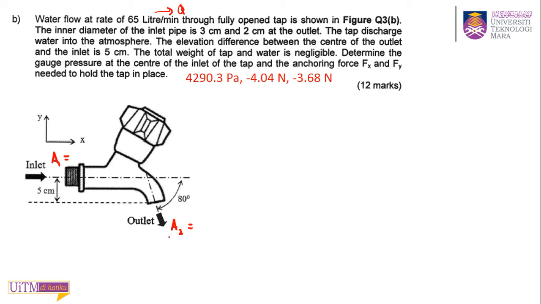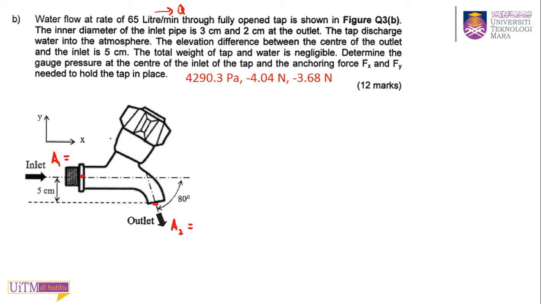Okay, it goes to atmosphere. The elevation difference between the center of the outlet and the inlet is 5 cm. So there you have your Z, between point A and point B, point 1 and point 2. The total weight of tap and water is negligible.